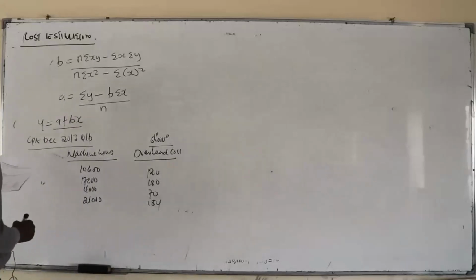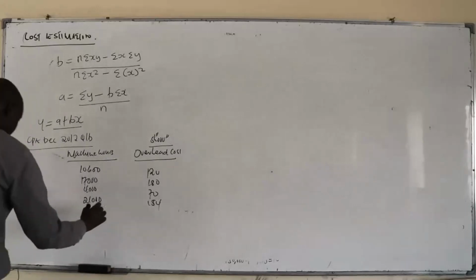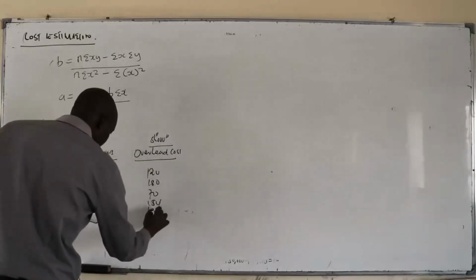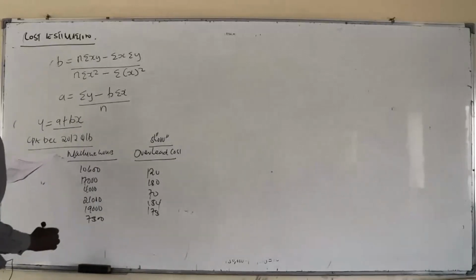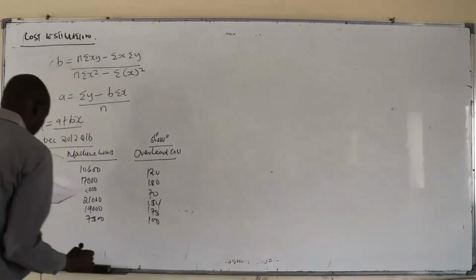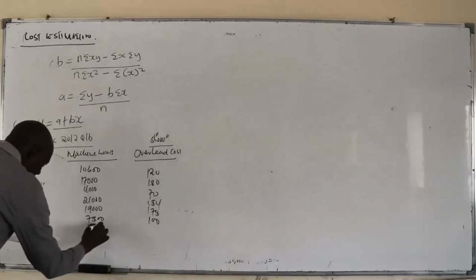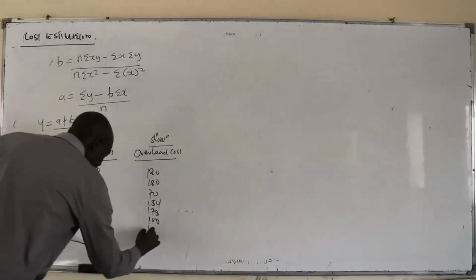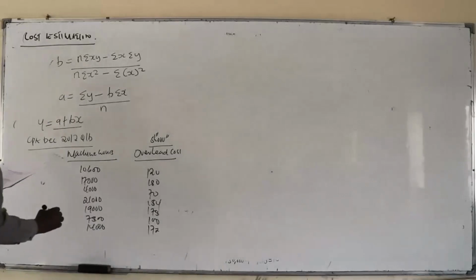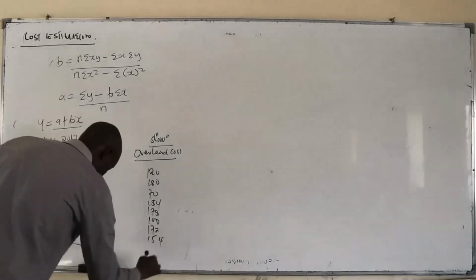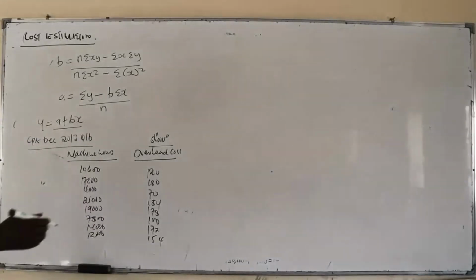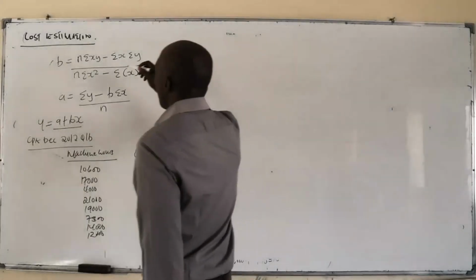And then we have 19,000 and 178. Then we have 7,800 and 100. Then we have 14,000 and 1. And then we have 12,000 and 154.